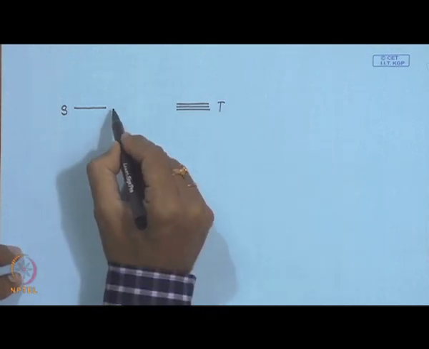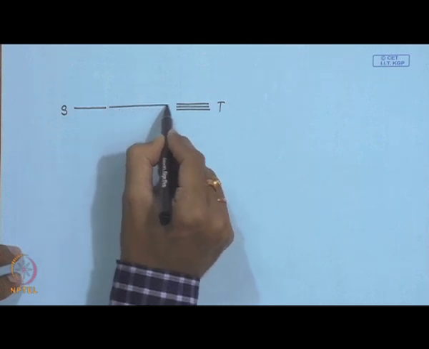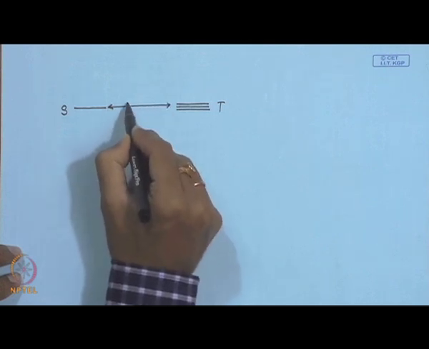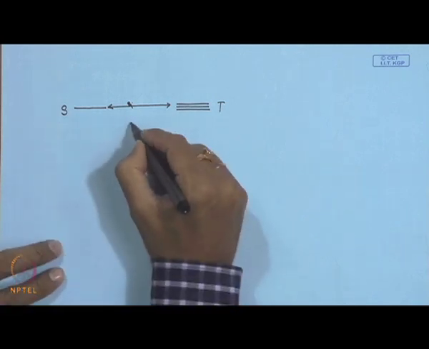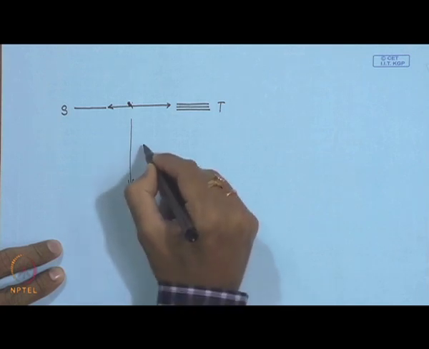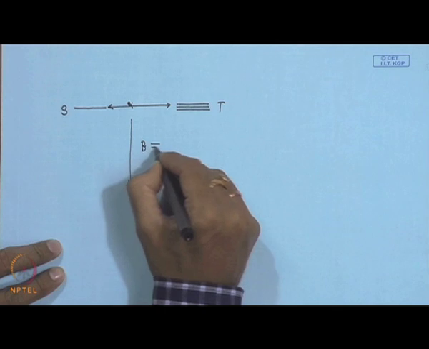So, in absence of any external magnetic field, there is a transition between singlet and triplet. Okay. Now, what you do, you apply your external magnetic field, B, so B is not equal to 0.